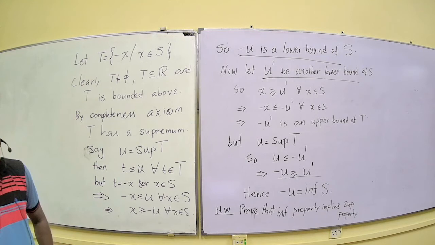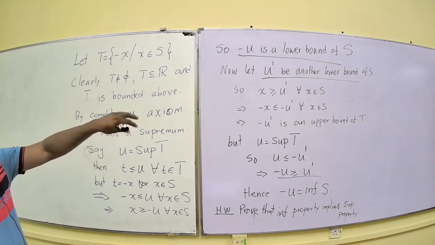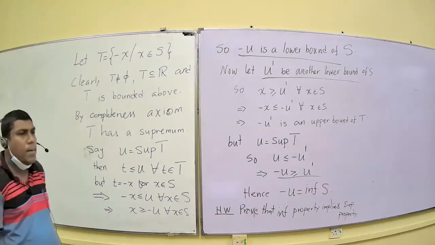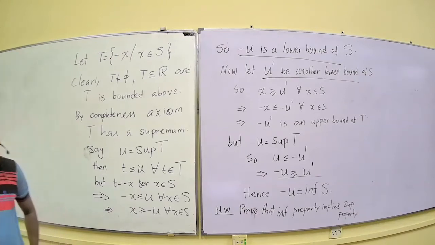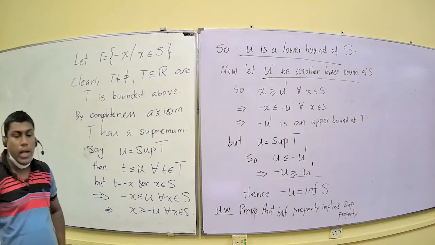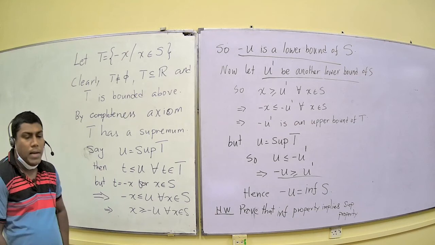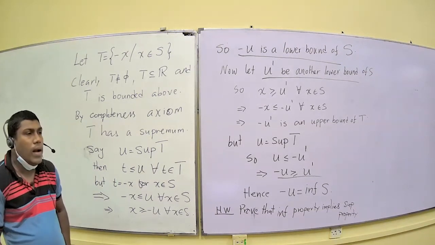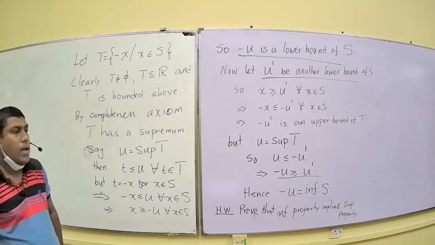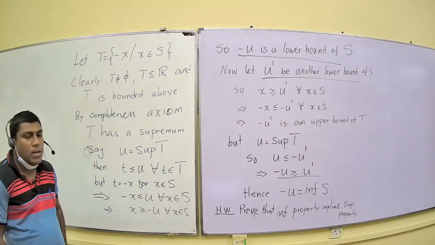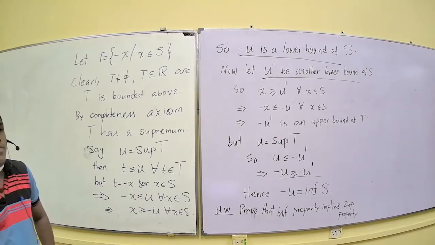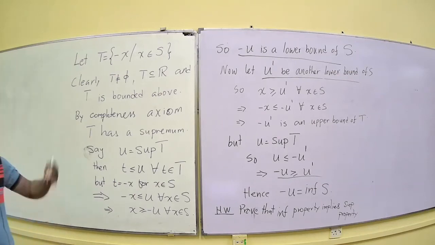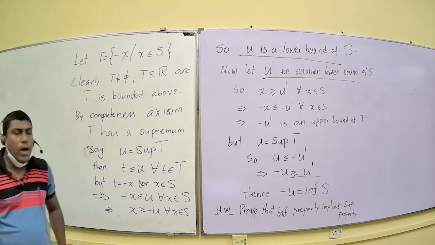Intuitively, you can see that. You cannot say this is the bound because you will always have one more number than that. Say, for example, if you say 1 million is the bound for natural numbers, but you know 1 million one is there. If you say 100,000 million is the upper bound, then 100,000 million one is a member of natural numbers. So intuitively you can see that you cannot bound the natural numbers, but mathematically you have to prove it.